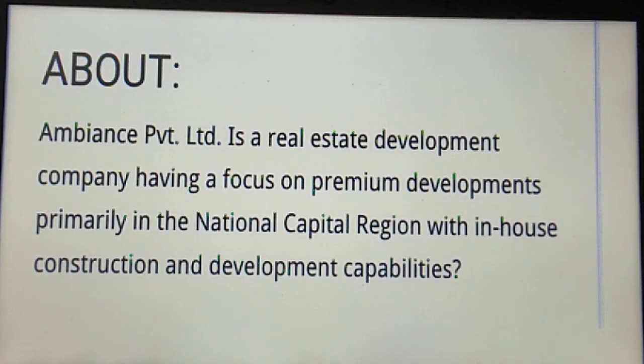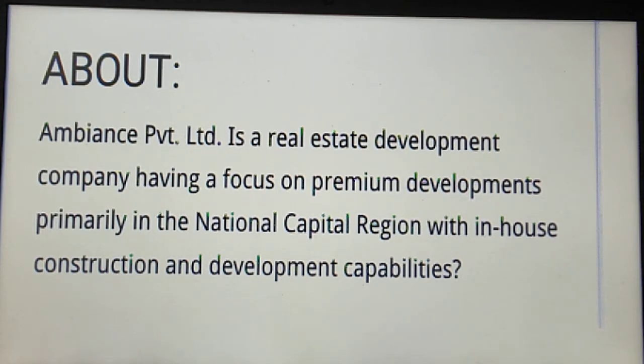Then comes the about section. About this mall you have to give a brief description: what products they are dealing with, where it is located, and when it commenced its journey.